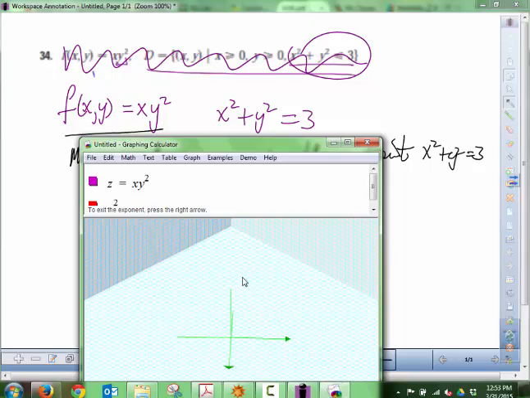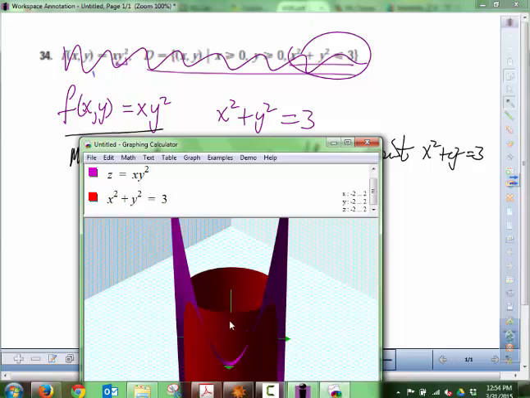What happens if I type x squared plus y squared equals 3? I'm actually going to get a cylinder, so this might be harder to see.